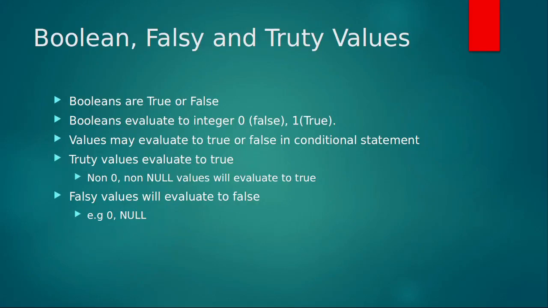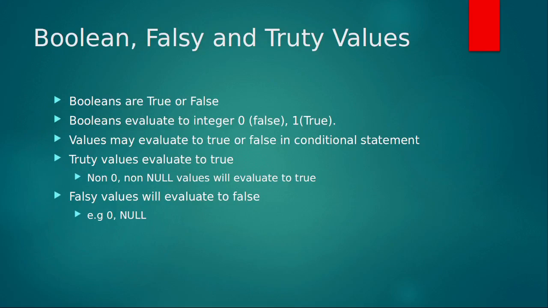All right. A little note on Boolean values, the falsy and the truthy values. Boolean values are either true or false. One thing that we need to understand is that Booleans evaluate to integer 0 if false, or evaluate to 1 if true.